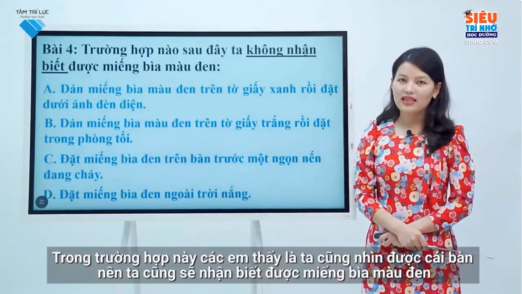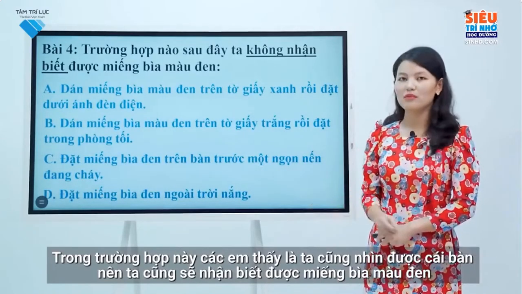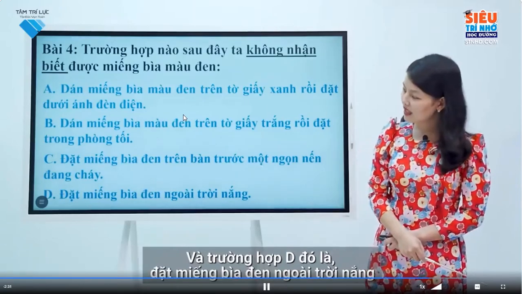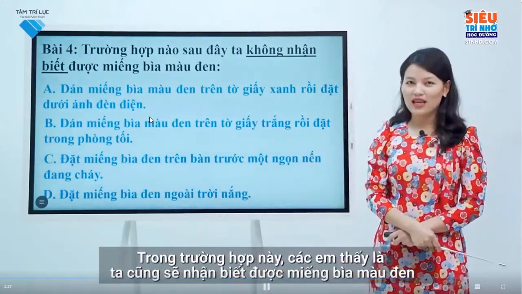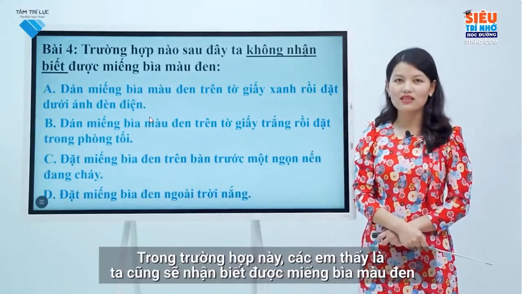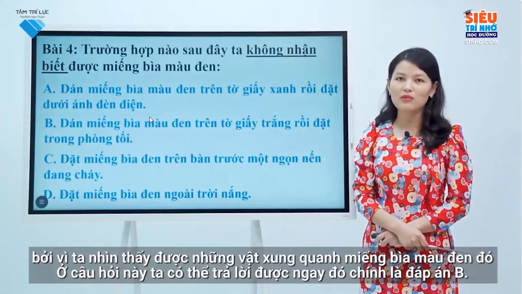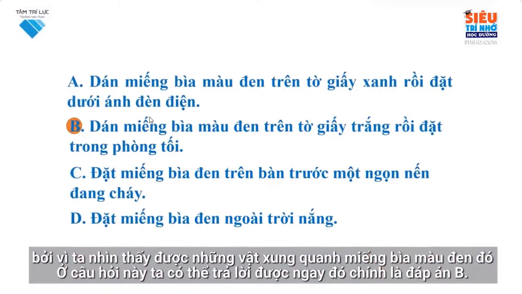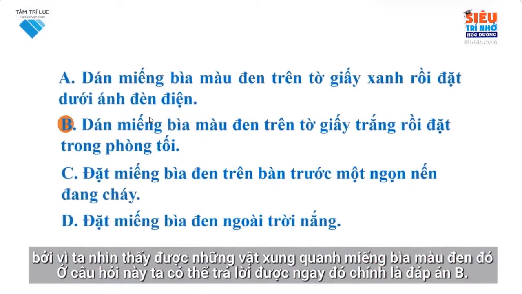In this case, we also see the table, so we will also recognize the pieces of black cover. And how about answer D? Put the pieces of black cover under the sun. In this case, you will also recognize the black cover, because we see the objects around the pieces of black cover. In this question, we can immediately answer that it is answer B.